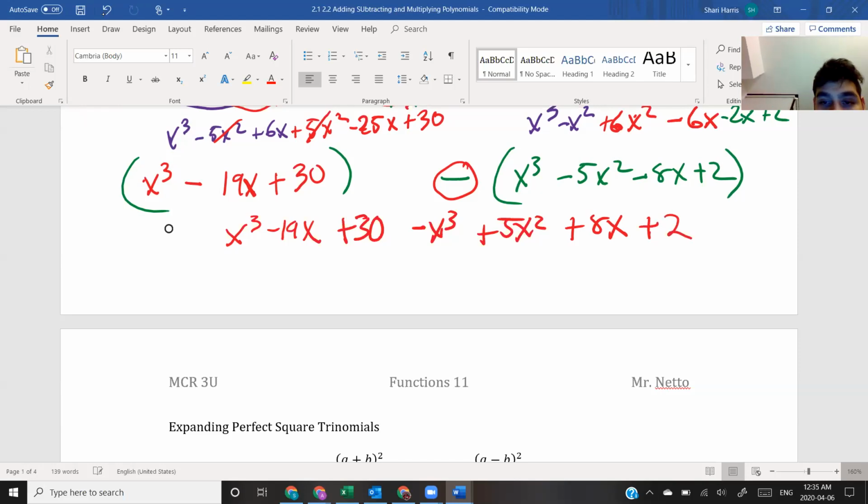So these are going to cancel out, thankfully. So we have 5x squared minus 19x plus 8x is minus 11x, plus, and then 30 plus 2 is plus 32. And that's our simplified version.